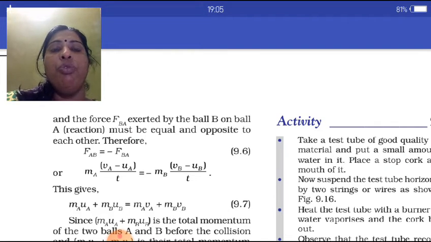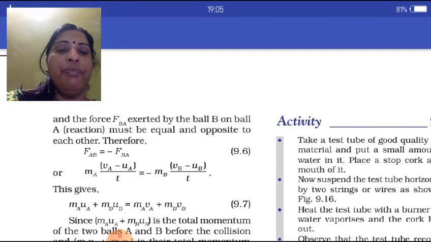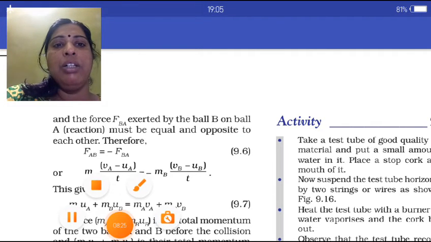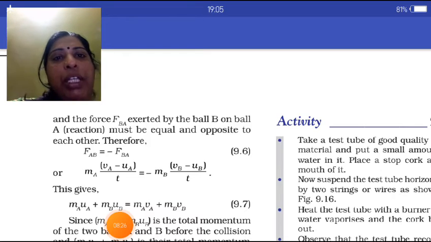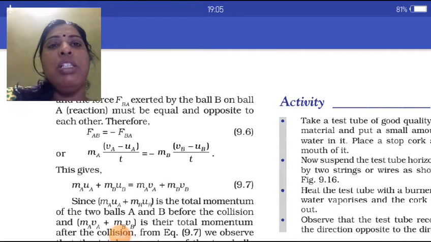The forces are opposite to each other. So we write MA (VA minus UA) upon T is equal to minus MB (VB minus UB) upon T.